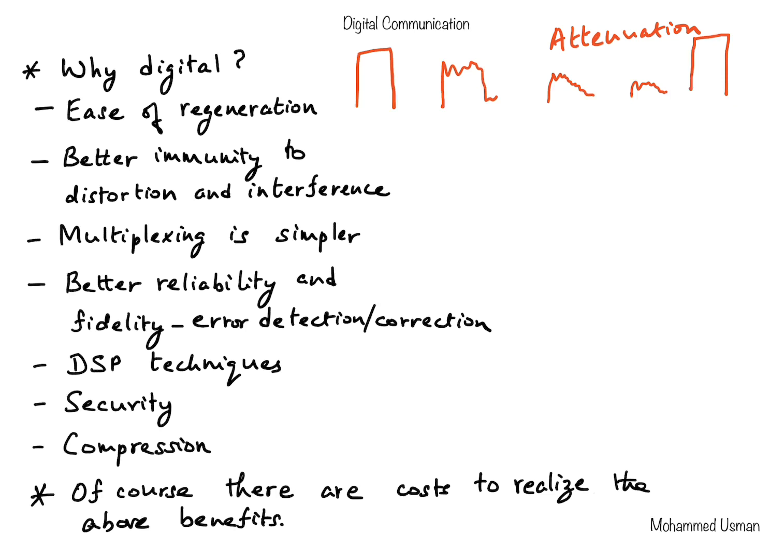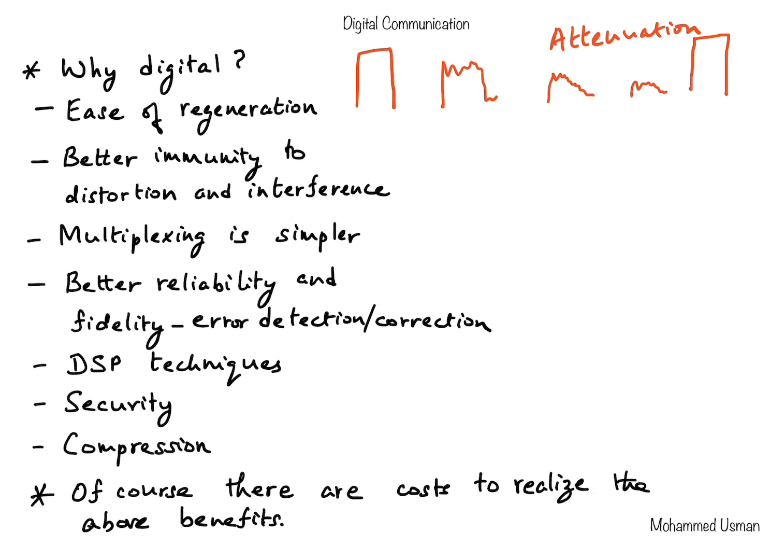So the multiplexing techniques used would be much simpler, because irrespective of the type of source from which that binary stream has come, or from the user from whom the stream has come, a bit remains a bit. So the multiplexing process becomes simpler in a digital communication system.